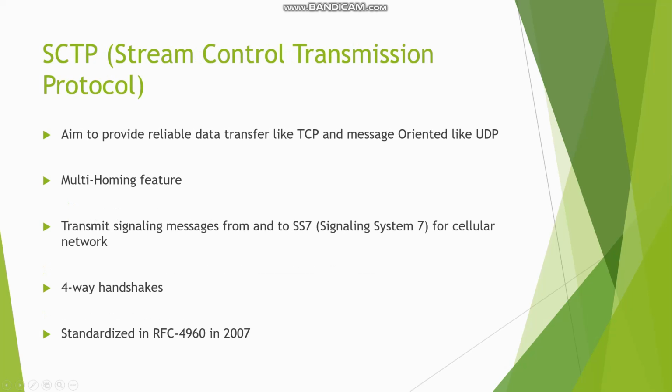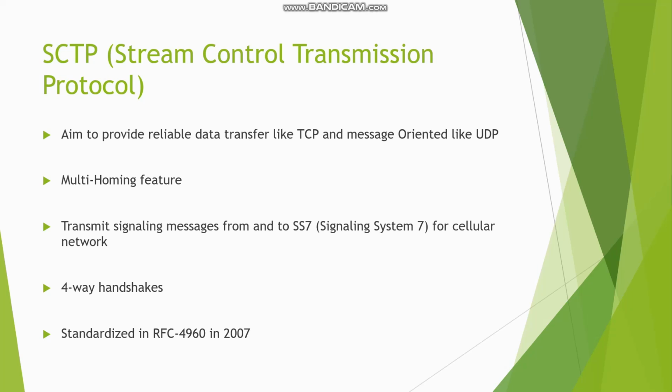SCTP, the Stream Control Transmission Protocol, aims to provide reliable data transfer like TCP and be message-oriented like UDP. The features that differ SCTP from TCP and UDP are multi-homing and redundant paths. Multi-homing is the same idea as multipath as discussed in MPTCP. SCTP transmits signaling messages from and to SS7, which is Signaling System 7 for cellular networks.